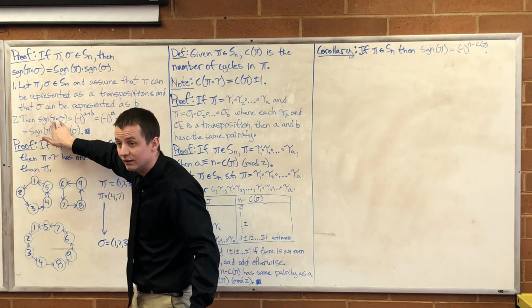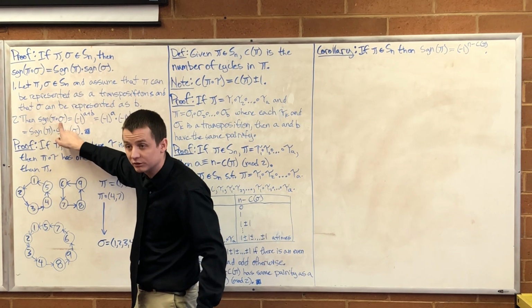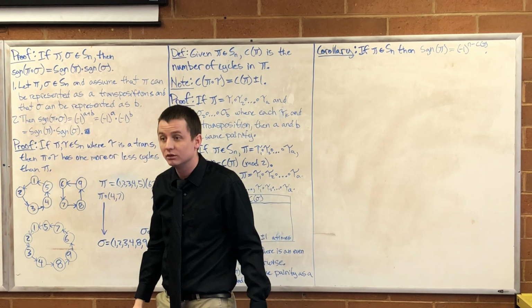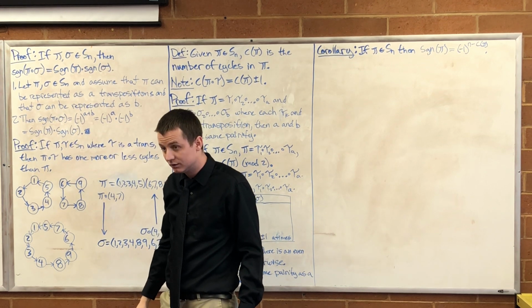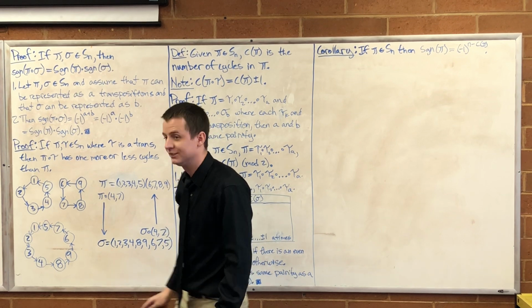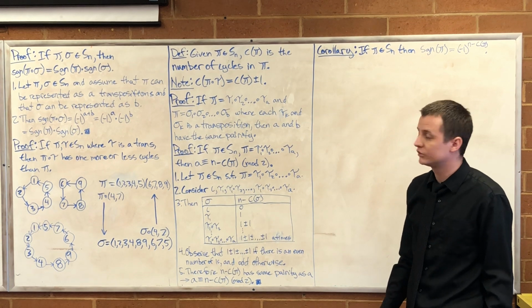Because the function here is A transpositions composed with B transpositions, so we have a total of A plus B transpositions. Right? Okay. Any questions there?